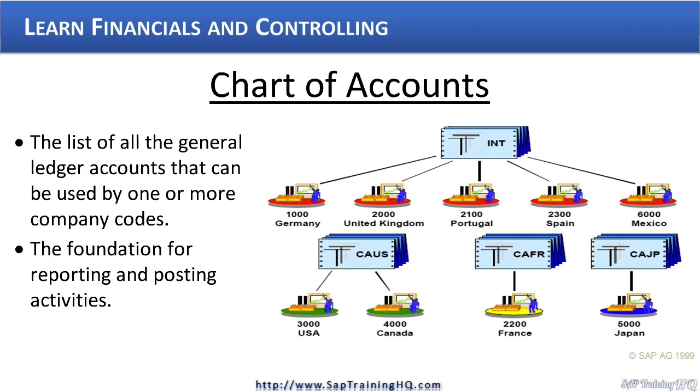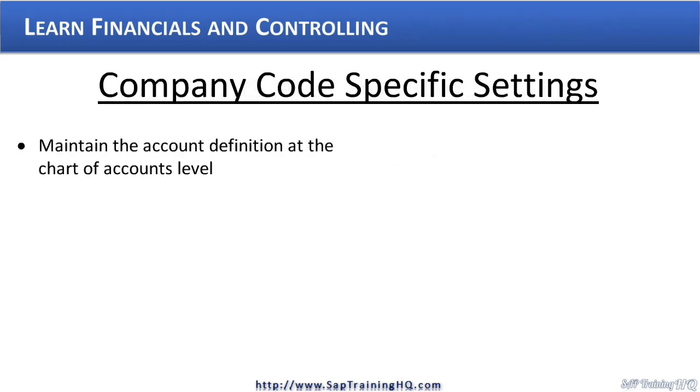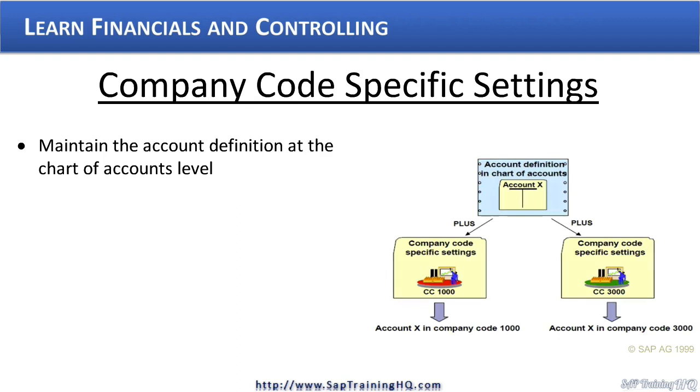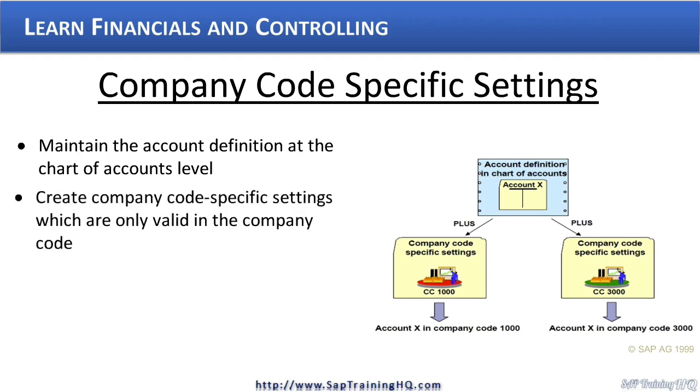In the next slide, let's learn why it is important to create company code specific settings. First, the account definition at the chart of accounts level has to be maintained before one can use an account in a company code. Then the company code specific settings have to be created. These settings are only valid in the company code, for example, the account currency defined for the company code.